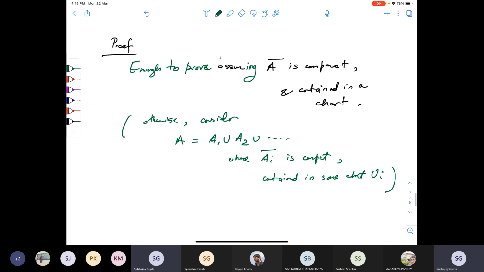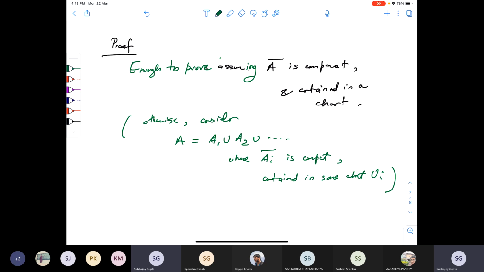Because if you prove it for that, then this argument would hold for all of these A1, A2, because all of these would be measure zero as well. If A is measure zero, all of these would also be of measure zero. And so you would have shown that the images of A1, A2, etc. are all measure zero. And then the union of all these countably many measure zero sets will also be measure zero. Anyway, it's enough to prove it with this assumption.